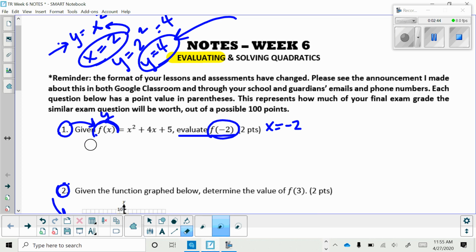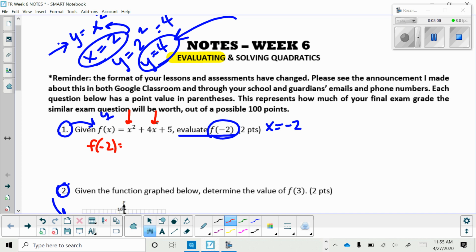So we do the same thing that we did in the little baby example I gave you at the top. We just plug negative 2 in everywhere we see an x. So here's what that would look like. Instead of f of x, I now have f of negative 2. Specifically, that's what I'm trying to find. And that means everywhere I see an x, like here and here, I plug in negative 2.